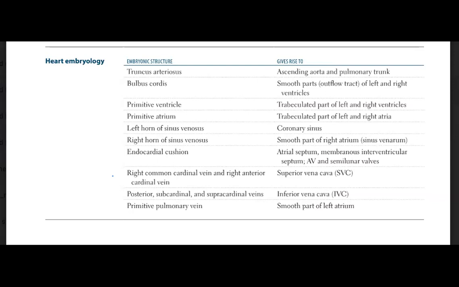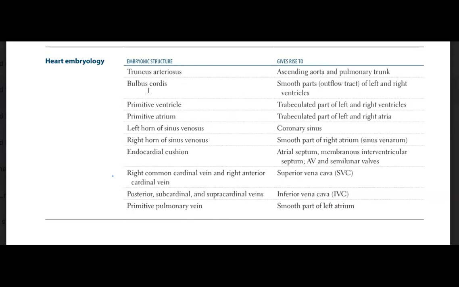Now, the first thing that we will discuss from First Aid will be these embryonic structures giving rise to which structures. So you will see certain words that you will not understand over here if you're reading this book for the first time and you do not have a good pictorial memory of how these structures are formed.